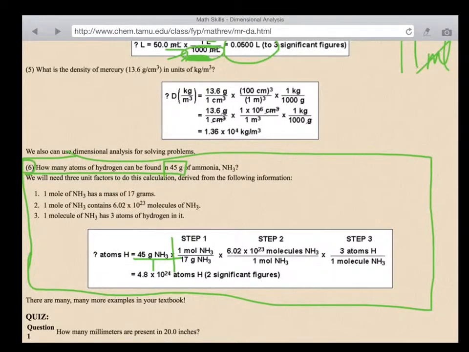But they're just asking for hydrogen. I didn't read the problem right. And when you plug that in your calculator, multiply everything across the top, divide by each number that's on the bottom, and you should get this answer right here.